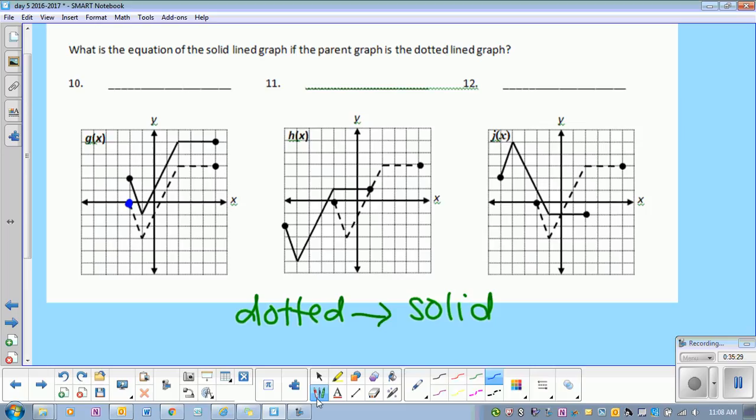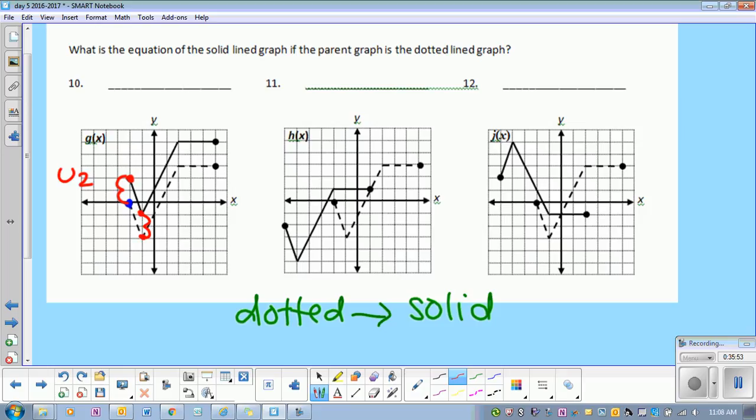Okay. So I will go from here to this guy. Because that's the matching point on my solid one, right? How did it move? Up 2. Is that it? Yeah. So let me check this one just to be safe. This one too went up 2.